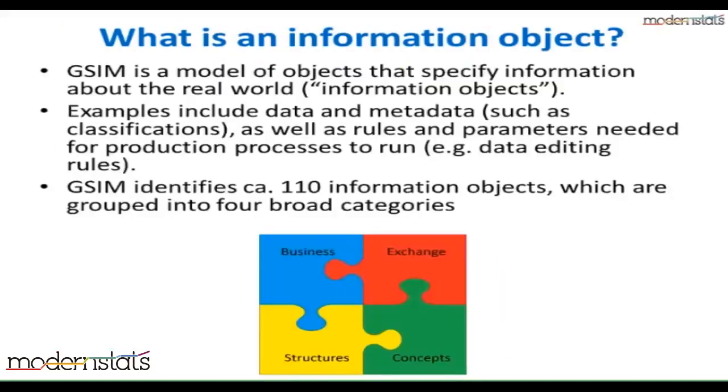So what is an information object? GSIM is a model of objects that specify information about the real world, information objects. Examples of these include data and metadata, such as classifications, as well as rules and parameters needed for production processes to run. For example, data editing rules. GSIM identifies approximately 110 different information objects, which are grouped into 4 broad categories: the business, exchange, structures, and concepts groups.